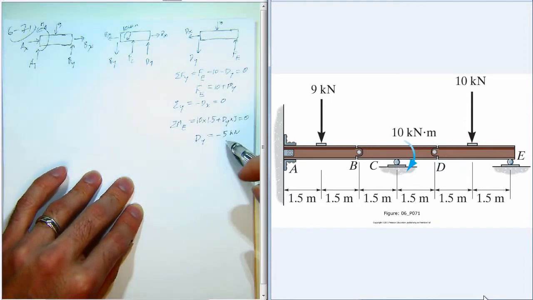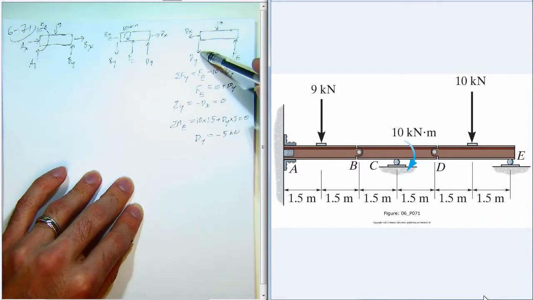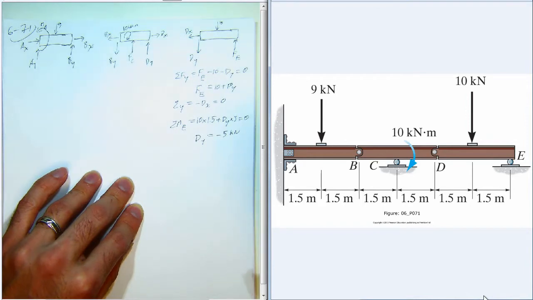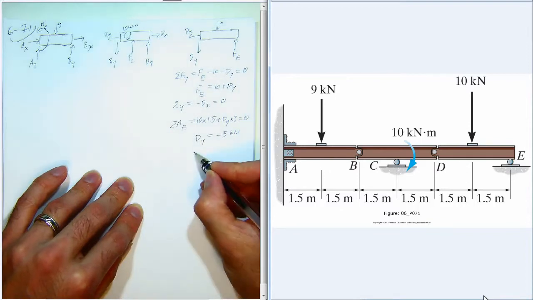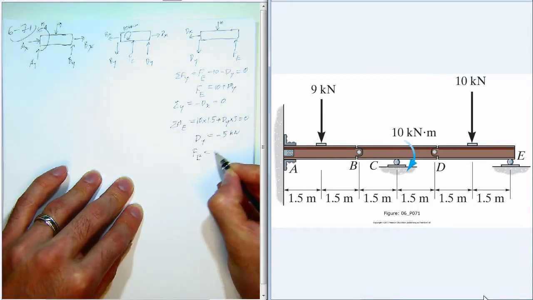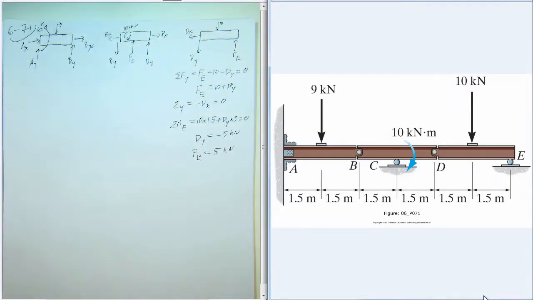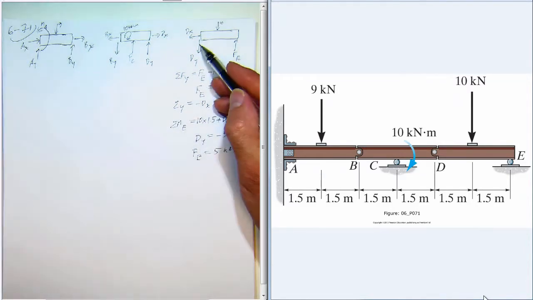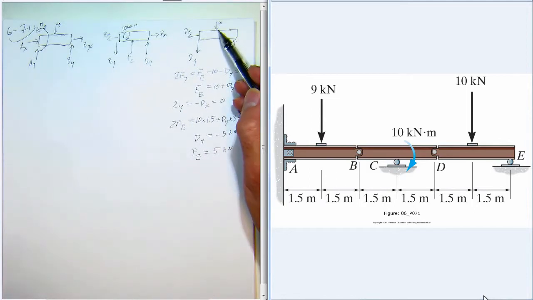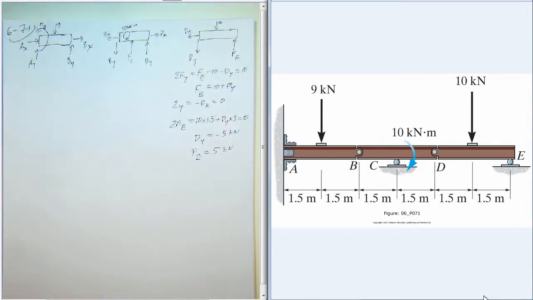So negative value means opposite to what we have drawn, so that force pushes up on member DE. And going back to this equation, we get that Fe is 5 kilonewtons. So 5 kilonewtons here, 5 kilonewtons there, balances out the 10 kilonewtons acting in the middle.